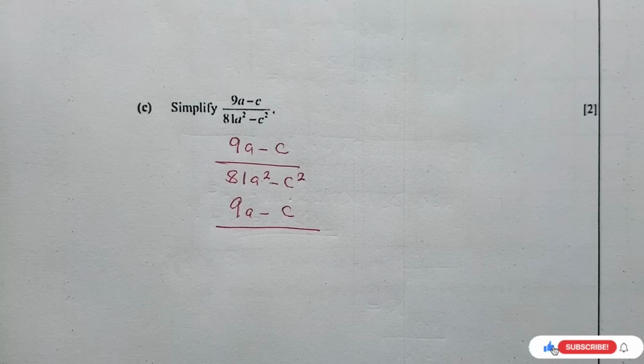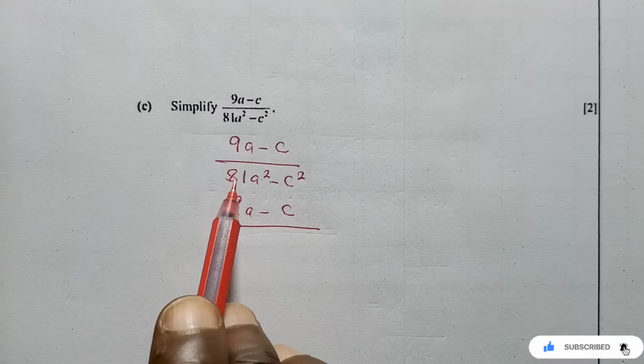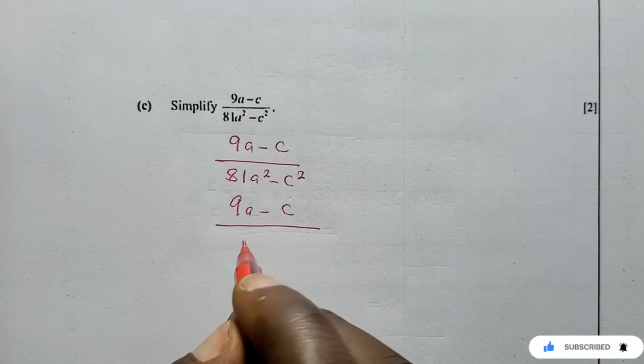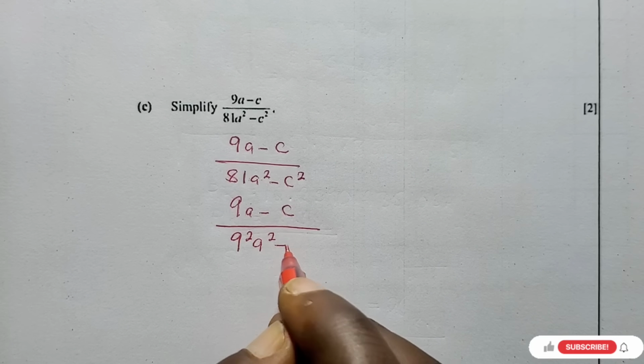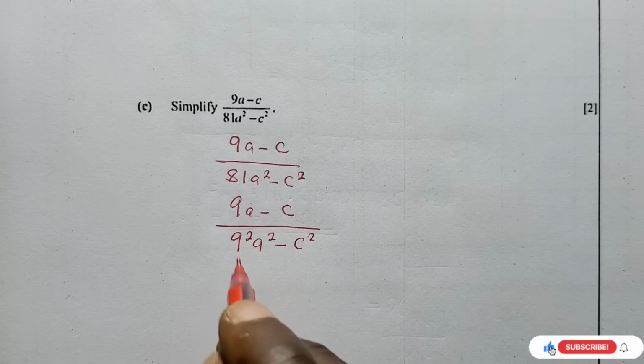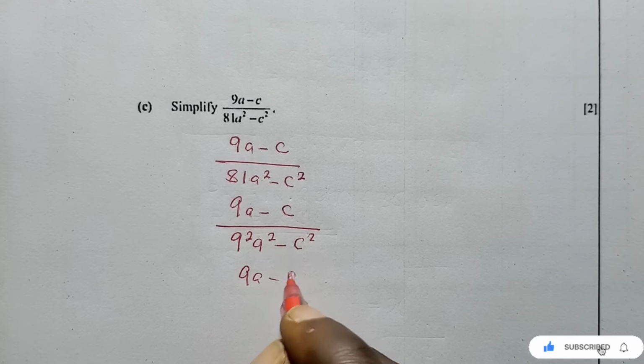But down here we can factorize. We don't have anything common, so we can use difference of two squares. 81 is the same as 9 squared. So it's 9 squared a squared minus c squared. Since now it's a difference of two squares, we're going to maintain what's on top.